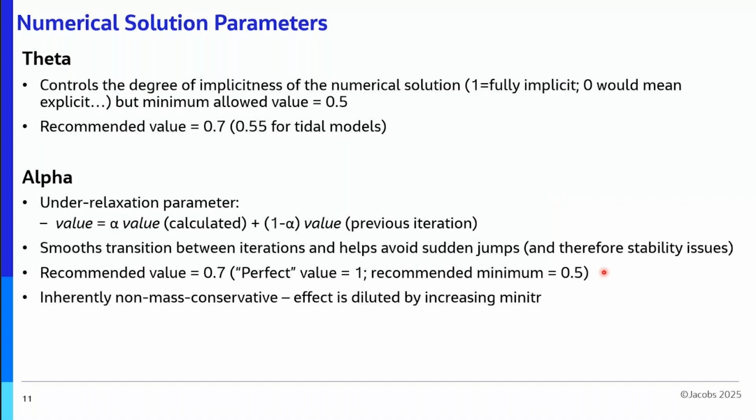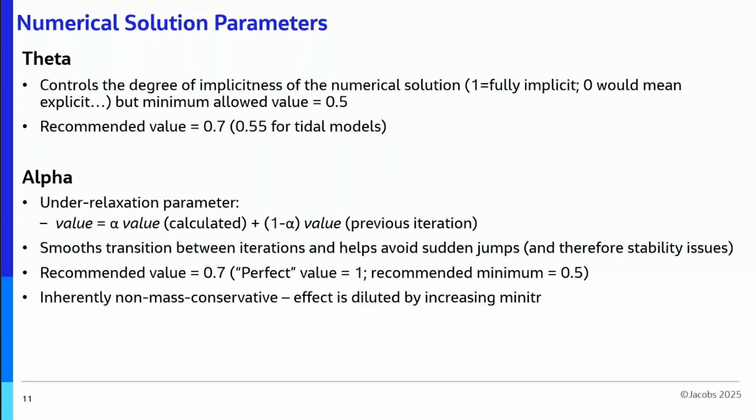Whilst alpha, also known as an under-relaxation parameter, weights the calculated solution with a certain proportion, 1 minus alpha, towards the previous solution calculated during the iteration process.